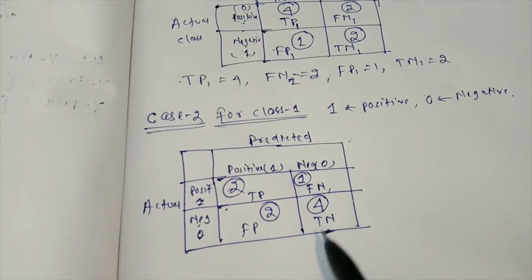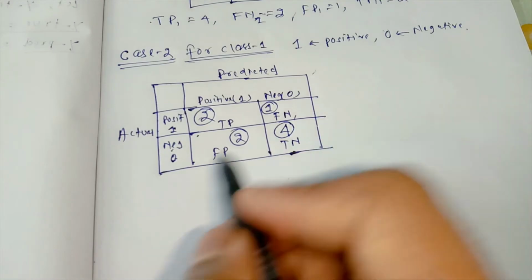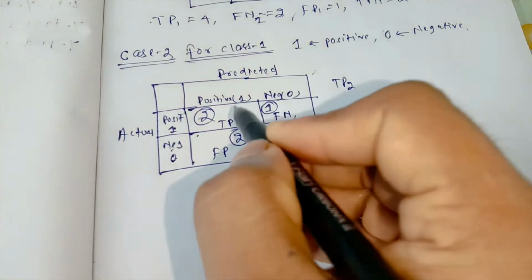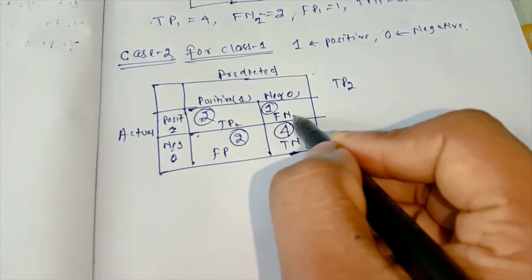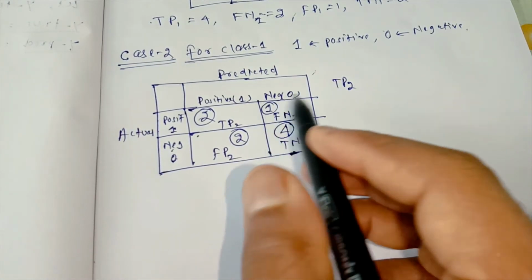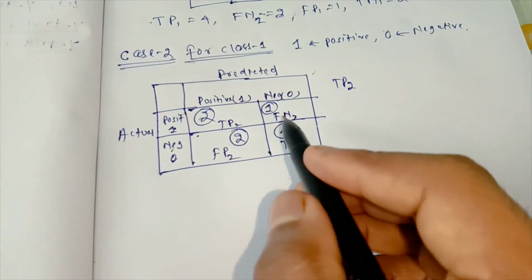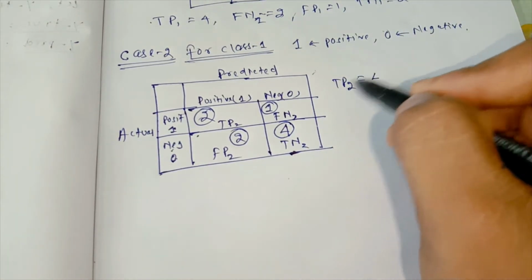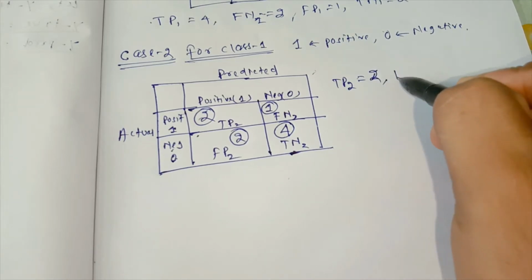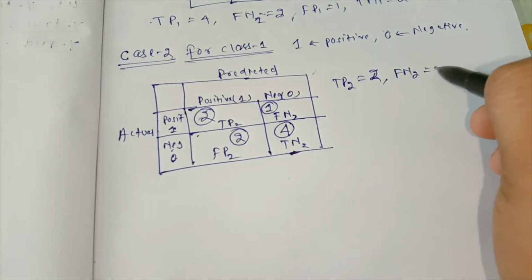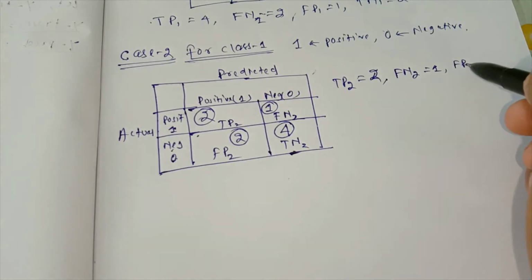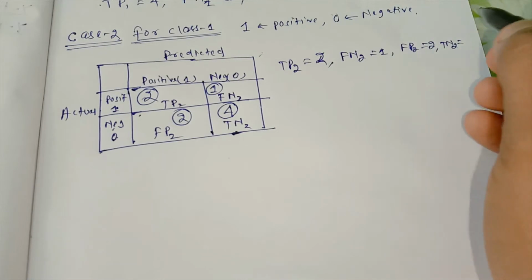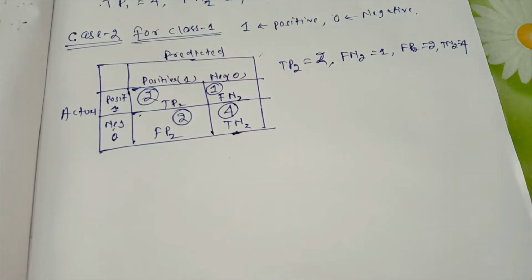So we can write TP2, FN2, FP2 and TN2, because these are the values for confusion matrix 2. TP2 is 2, FN2 is 1, FP2 is 2, TN2 equal to 4. I collected these values, so these two confusion matrices are built.